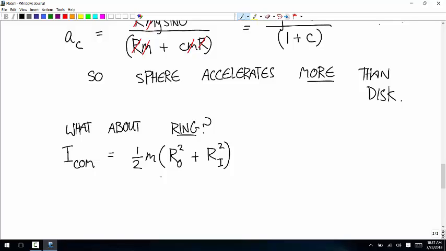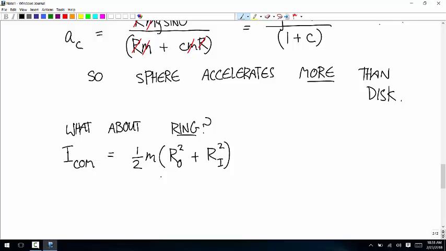Okay, this is your R, and so if you say the inner radius is half of the outer radius or something, then you'd have something that said 1 r squared plus 0.25 r squared. Pull that out, you'd have 1.25 over 2, and 0.625 would be your constant C, and that's what you'd be comparing to those other two.